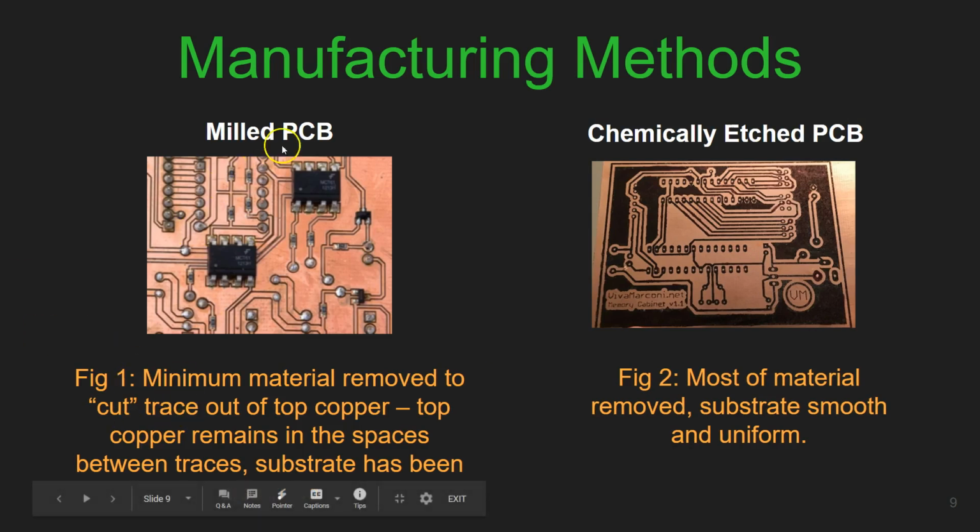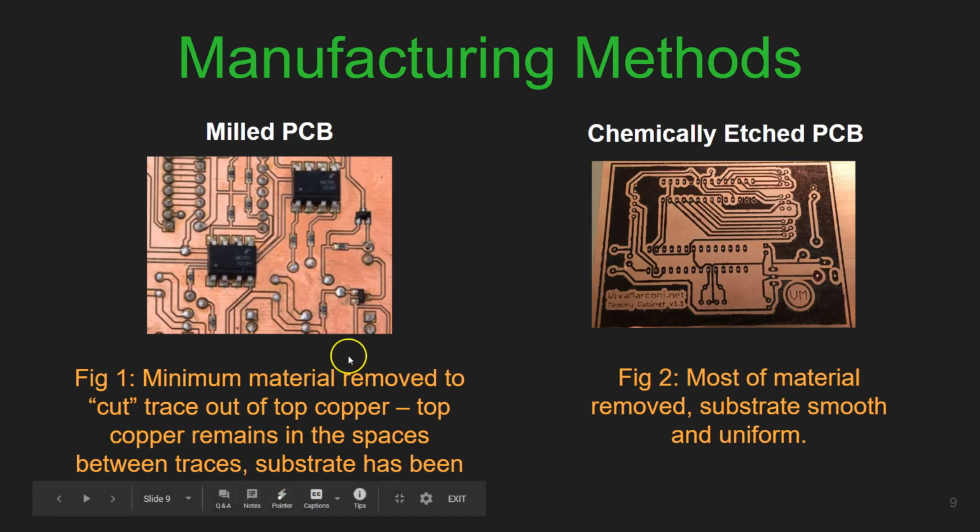First, we'll see this milled PCB: minimum material removed to cut trace out of top copper. Top copper remains in the spaces between traces substrate. Weight has been disturbed. And then the second one is the chemically etched PCB. Most of the material removed and substrate smooth and uniform in this case. So these are the two different methods, and two different processes are involved in making the PCB.